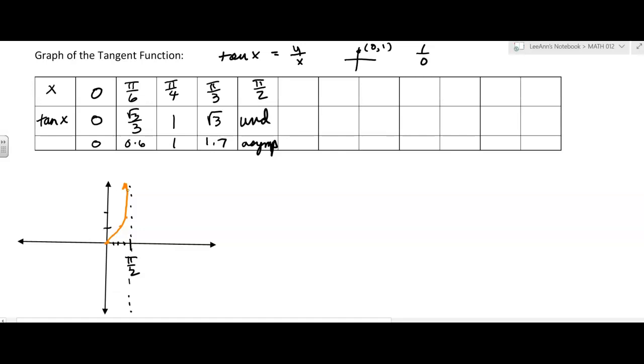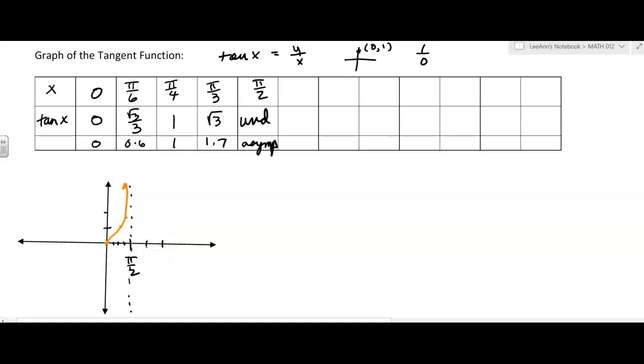Okay? Now, what we do when we normally graph a tangent curve, the basic one, we don't keep going around the circle. You can. We can do that. We can make this pi. Well, let's go ahead and do that. Pi. And so what we want to see is kind of that halfway in between.